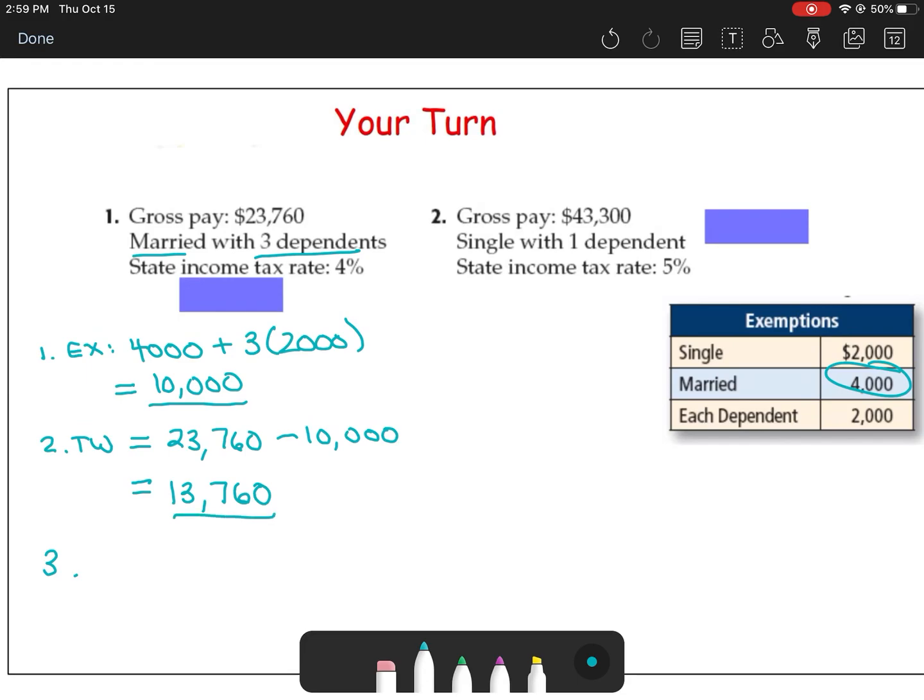So I take my taxable wage, 13,760, and multiply it by 0.04. When I plug that into my calculator, 13,760 times 0.04, I get $550.40. And that's my answer.